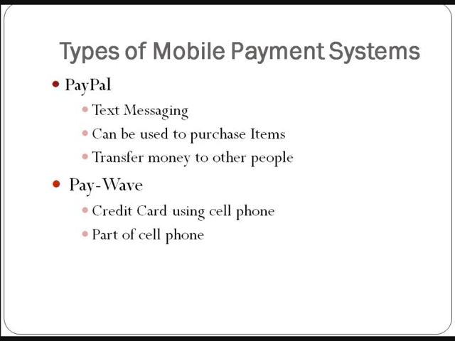The second type of mobile payment system is PayWave. PayWave is similar to a credit card or checking card, but the cell phone is used by touching a PayWave device in the store to pay for an item or a service, whatever you pay for, instead of swiping the credit card through the machine.